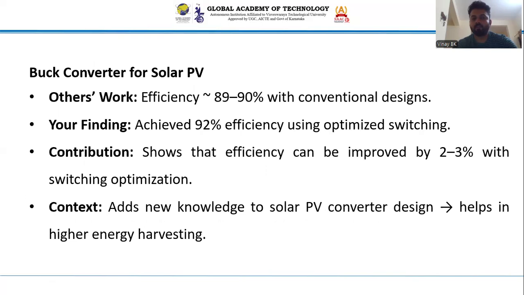So here is what we can analyze from the buck converter for solar PV. If others' work shows 89 to 90% and you are getting 92% efficiency, your contribution is a 2% increase, and the context is that you are adding new knowledge.